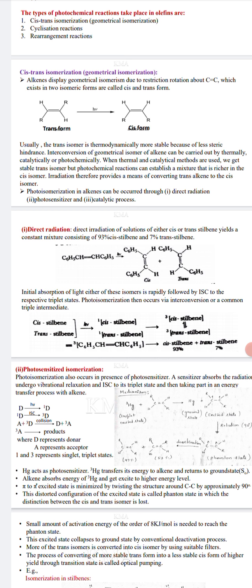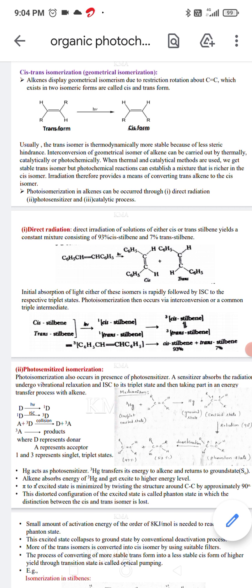As you can see in the reaction, C6H5CH=CHC6H5 with an arrow and h nu gives the cis isomer, where both C6H5 groups are on the same side. The product is a mixture of both cis and trans: cis is 93% and trans is 7%.